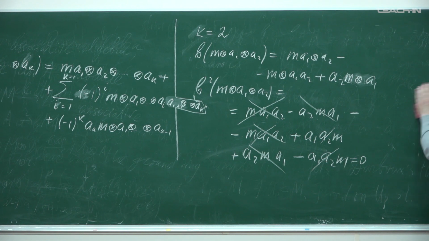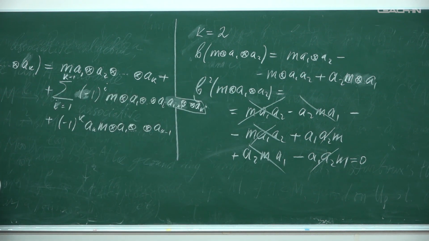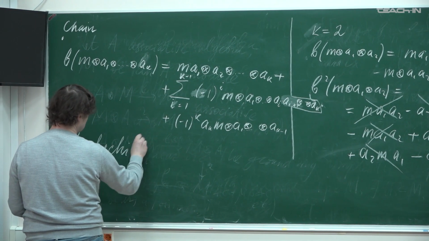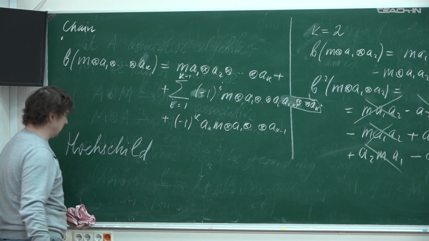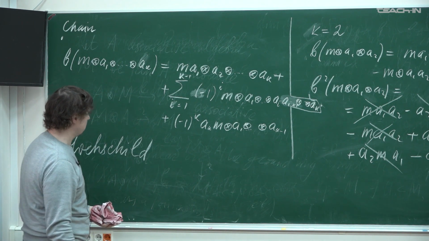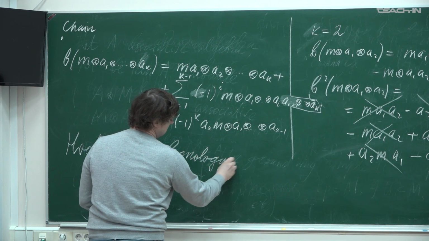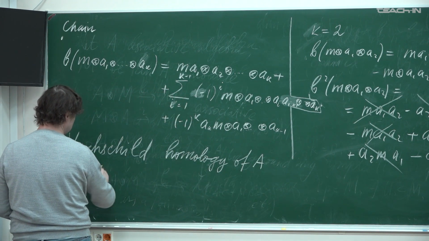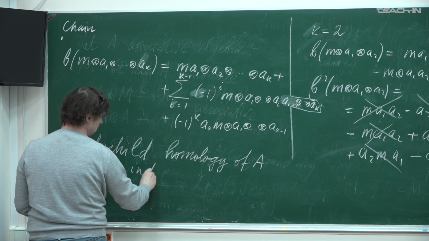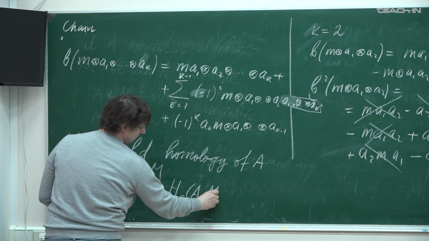Okay, the homology which is obtained in this case is called the Hochschild homology. Hochschild, you see, it's a pretty complicated German name. Right, Hochschild homology of A with coefficients in M, denoted by H dot (A, M).